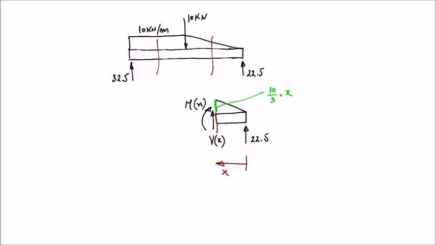This can be easily seen if we replace x by 3 meters. We should have the height equal to 10, which is correct. For x equal to 0, we should get height 0. So everything works fine.